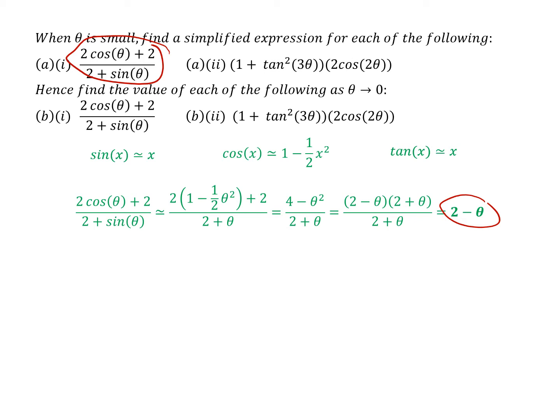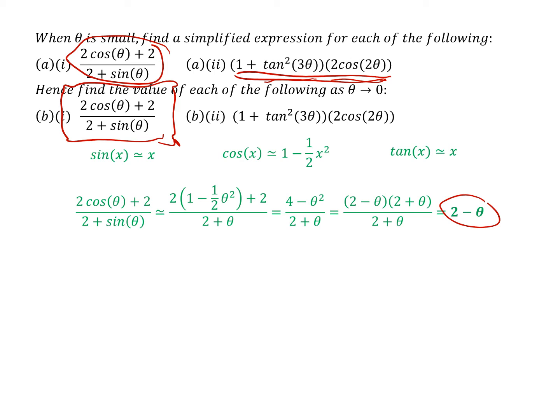Okay, so let's move on to the second expression here. And what we need to do is find a small angle approximation for tan 3 theta and cos 2 theta.